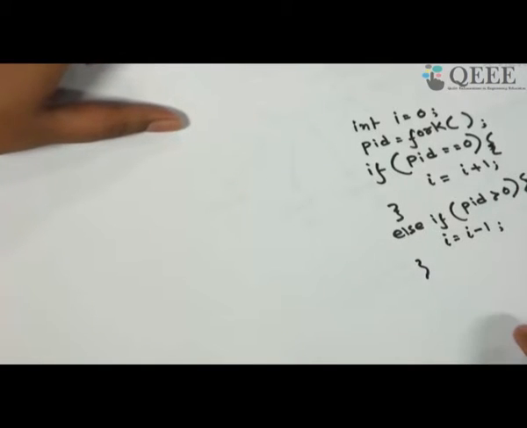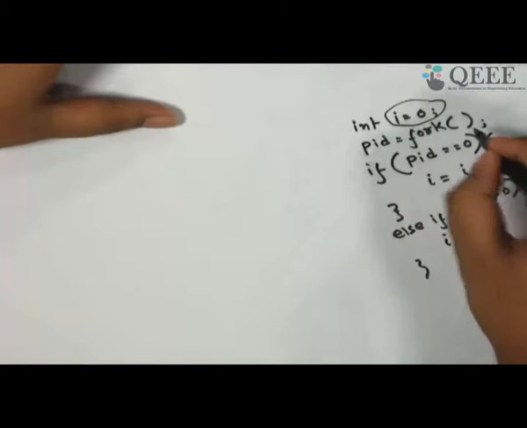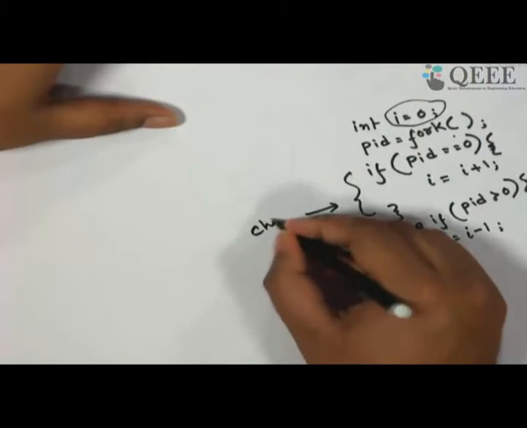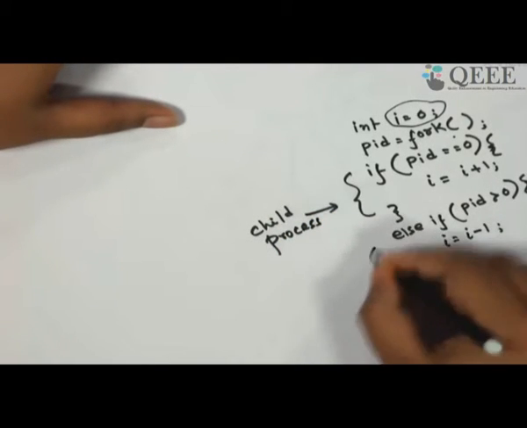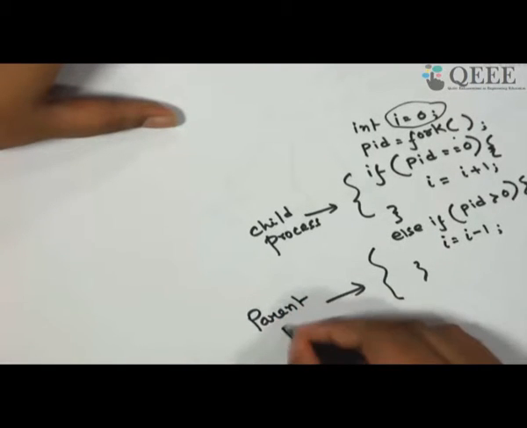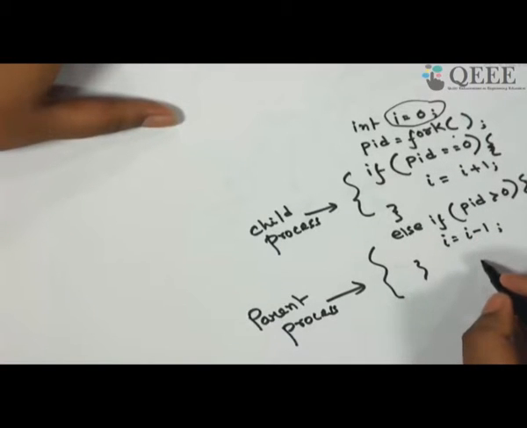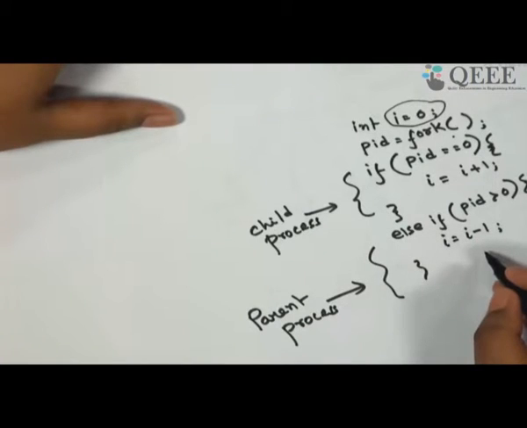Now what happens here? Whenever you are declaring this local variable and making a system call, this part is your child process and this part is your parent process. Now this child process and the parent process will get a completely different copy of this local variable i.